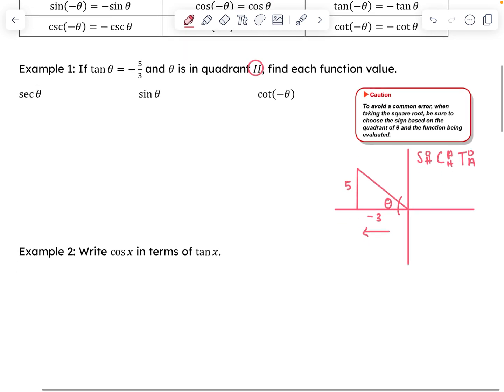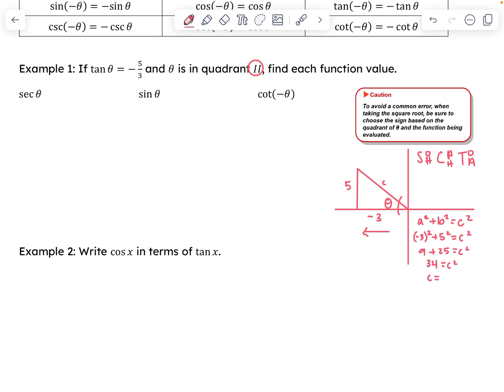I do need to figure out what that c value is in our Pythagorean theorem, or what my hypotenuse is. So I'm going to do a squared plus b squared is equal to c squared. It doesn't really matter which one we pick for a or b, so I'm just going to do negative 3 squared plus 5 squared is equal to c squared. So 9 plus 25 is going to give me 34.